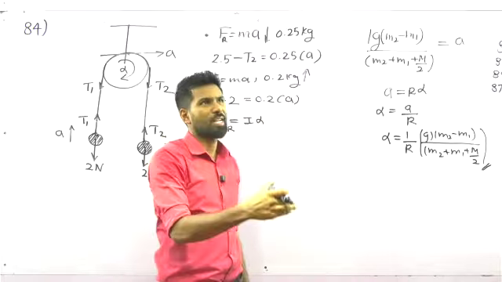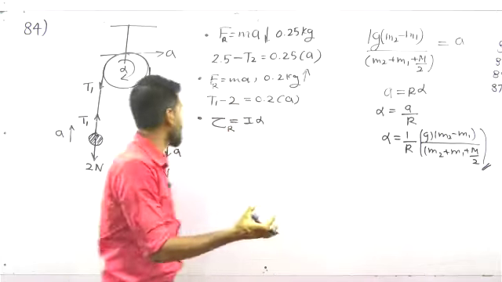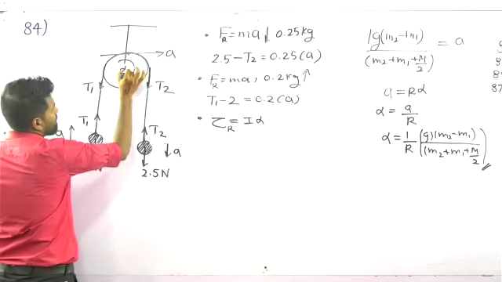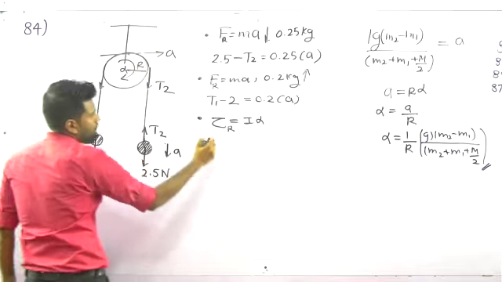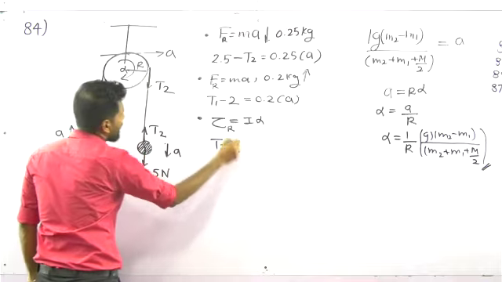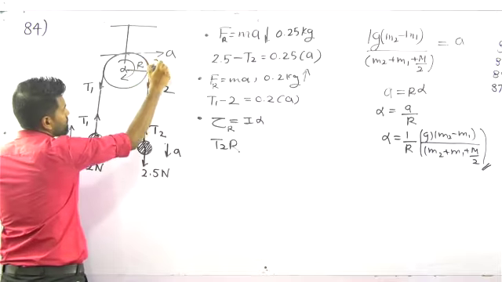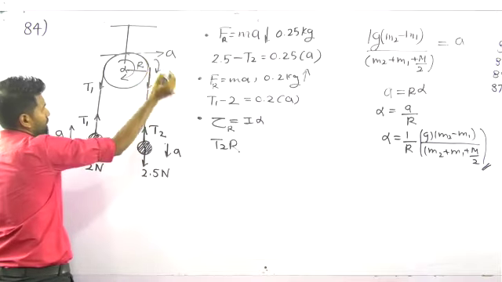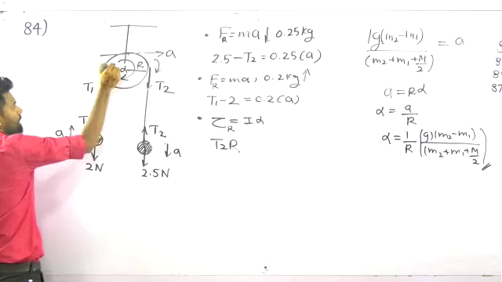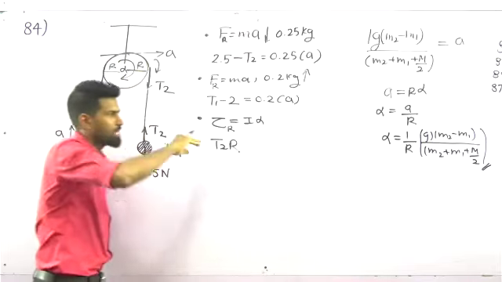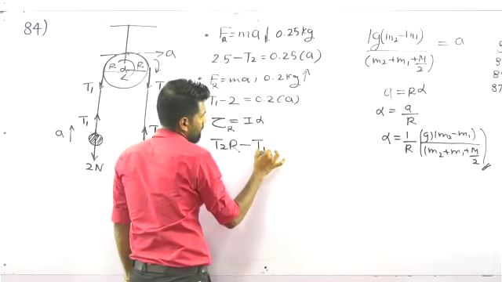In the actual scenario, the pulley rotates. So how to manage it? The perpendicular distance from the center is R, force T2. T2 R will be the helping moment, force times perpendicular distance to the pulley's rotation. But there's an opponent, T1 times R, which is in the opposite way, so you have to subtract that.